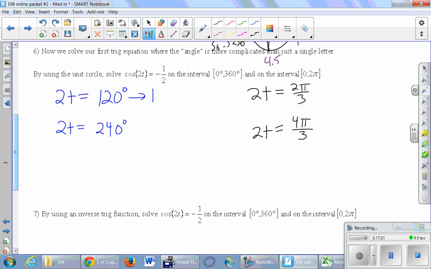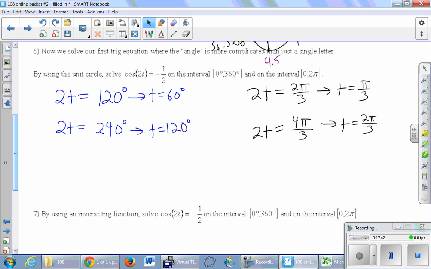By 2. So we get t is 60 degrees here. T is 120 degrees here. Over here we get t is pi over 3. And then t is 2 pi over 3.